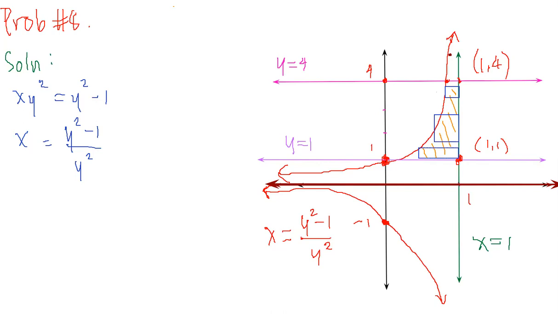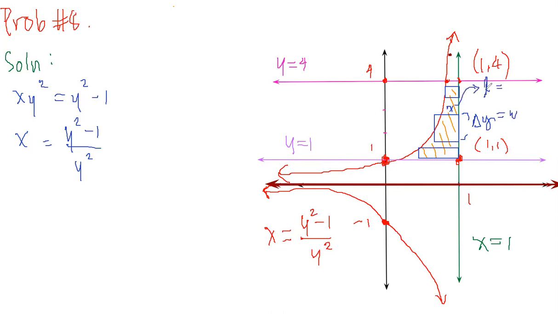So now let's use the horizontal rectangular strip. Let's consider this bigger strip. Again, this is just a representation of our rectangular strips a while ago. This is delta y, and this is our x. This is our width, and this is our length.